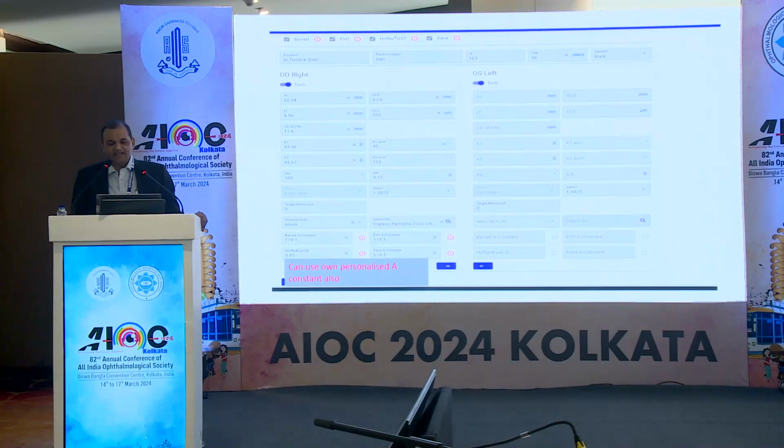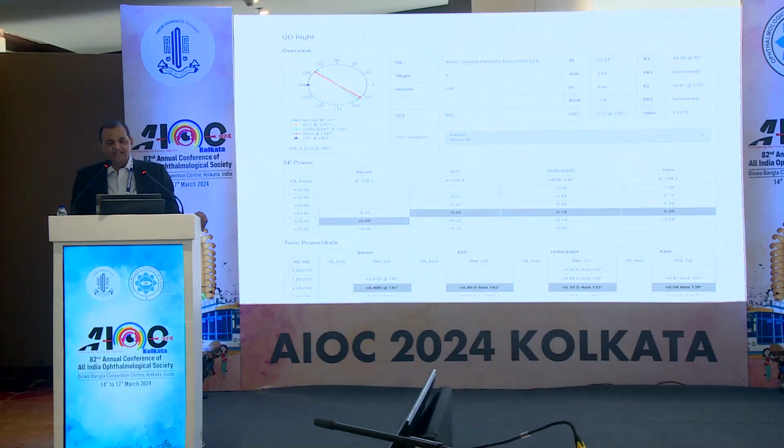You put in your data, you can even optimize your personal A constant, and you will get the results. You have a spherical component, a cylindrical component, and the axis to implant, and you can compare all 4 toric calculators at a stretch. And you can take a printout of these into your OR also.